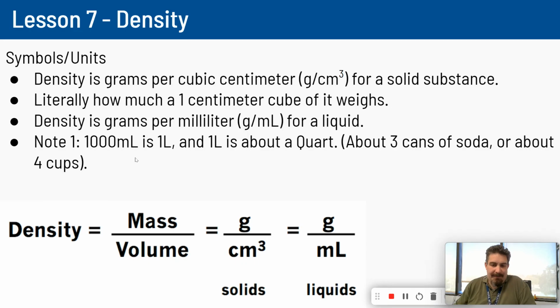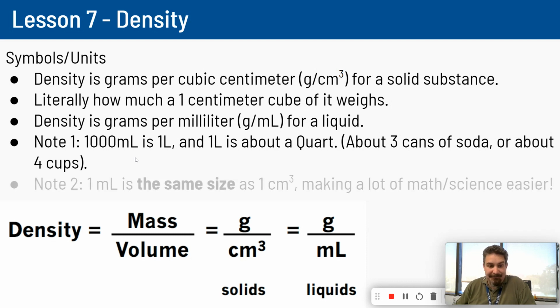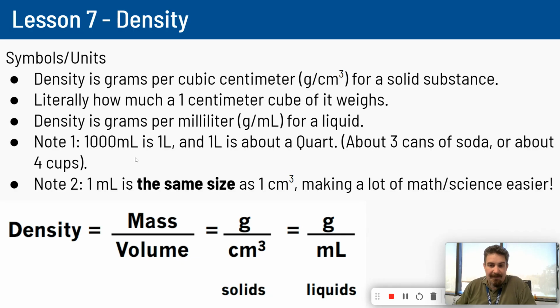One thing I think is really interesting about this, by the way, is that 1,000 grams is 1 kilogram, and 1,000 milliliters is 1 liter, which means that 1 kilogram per liter is exactly the same as 1 gram per milliliter. Kind of neat. Okay, this really makes a lot of math and science easier.